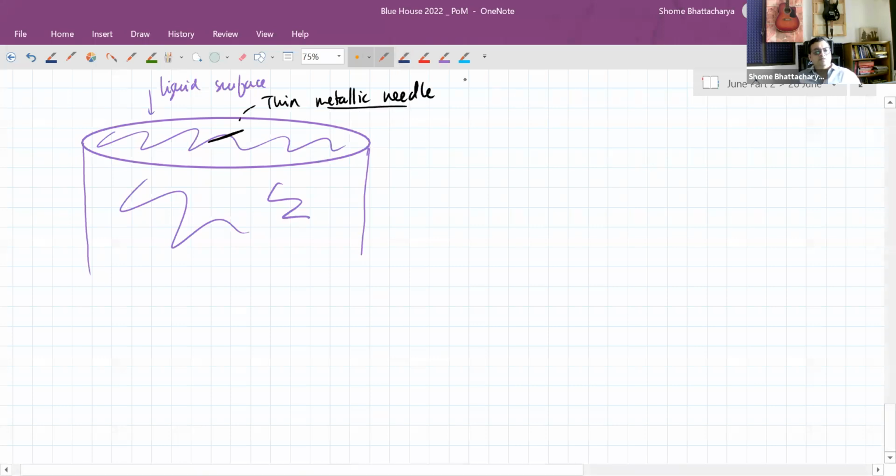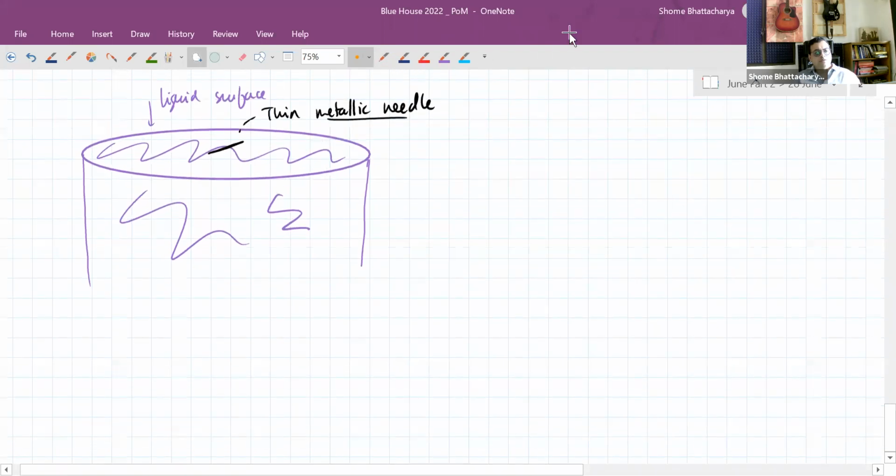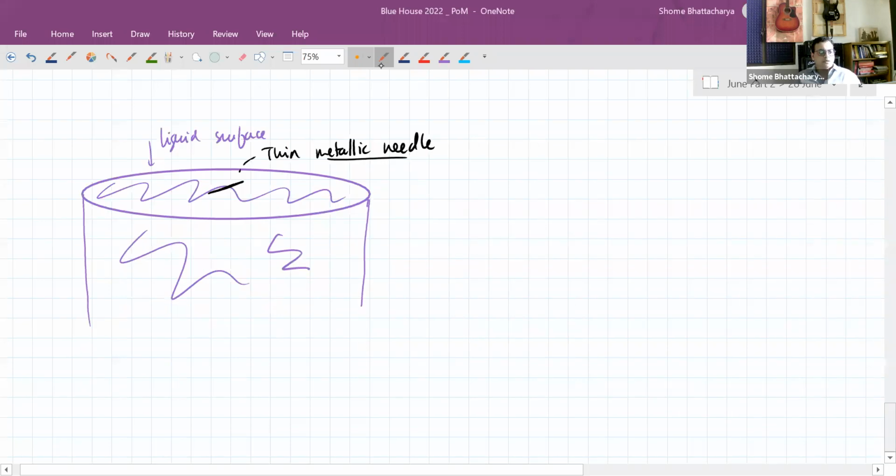Now when we magnify the cross section, what we are observing is that the surface of the liquid has got bent under the weight of the metallic needle. So if this is the magnified cross section, where the surface has got bent, this is the shape of the surface.